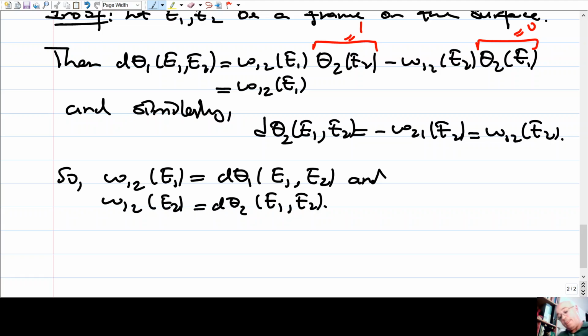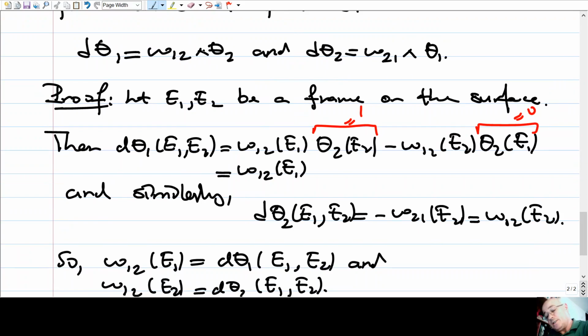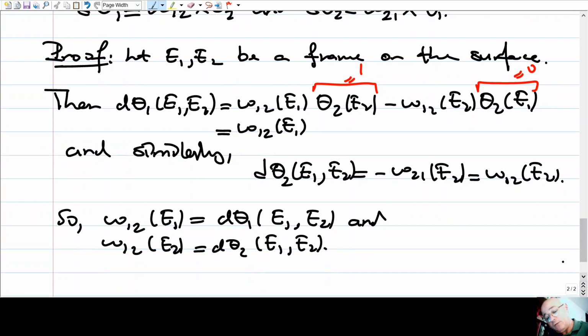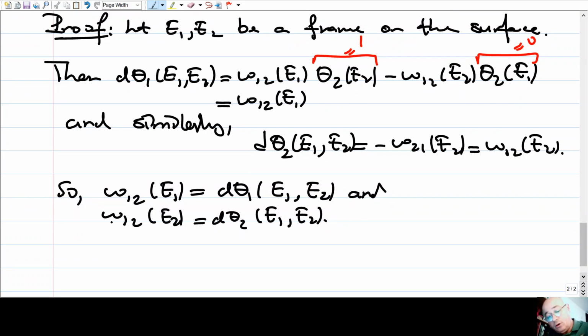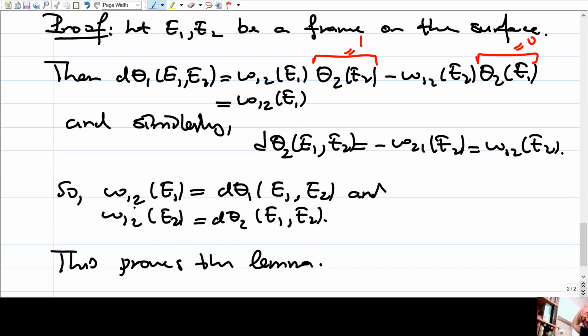Okay, so this means what? Omega 1 2 is determined by these values, provided that it satisfies this equation. So whenever a one form satisfies this equation, then omega 1 2 is given by theta 1 and theta 2 in this form. Therefore, this proves the lemma, because if we had any other one form satisfying the same structural equation, then it would be given by this formula again.